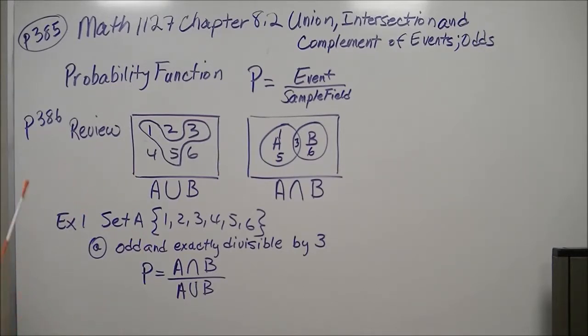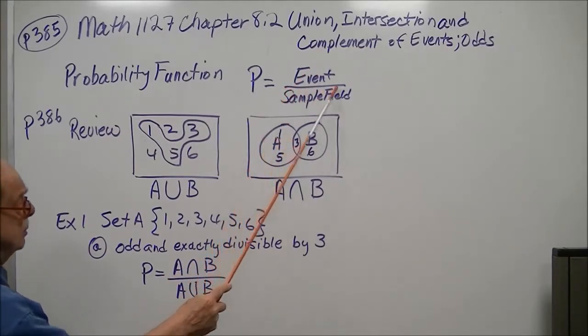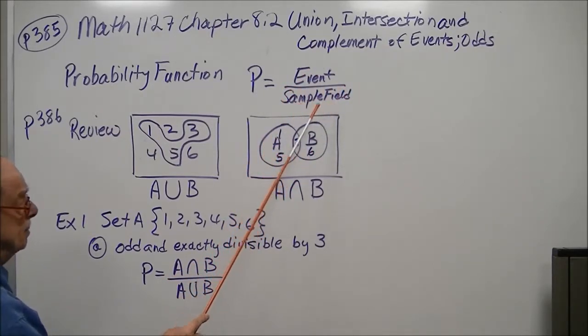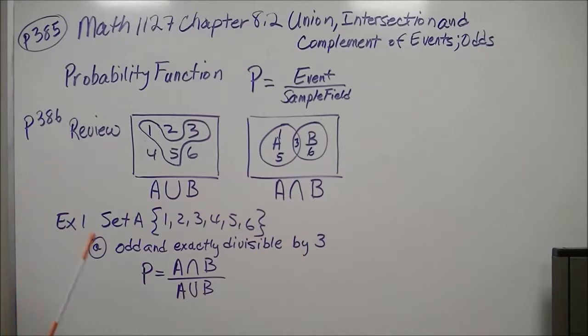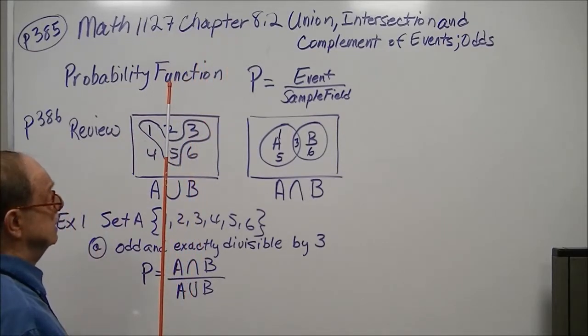Now, a little review. The probability function in general: the probability of a specific event is a ratio to the sample field. So the most common use perhaps is a die, one dice.